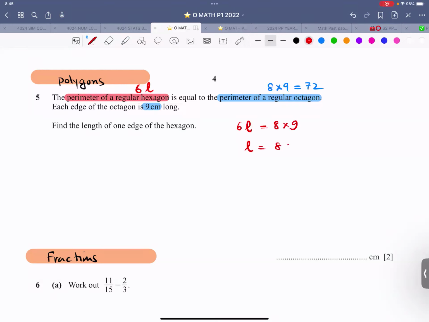Therefore, L is 8 into 9 divided by 6. So 3 2s are 6, 2 4s are 8, 4 into 3 is 12. Yes, we can also do 72 divided by 6. That is 12. I just wrote it as it is, breaking it down. Find the length of one edge of the hexagon because both are regular, so all sides are equal.